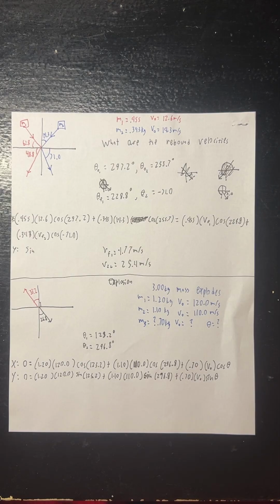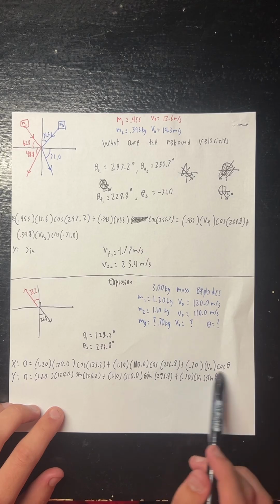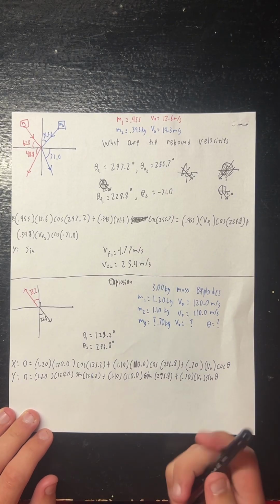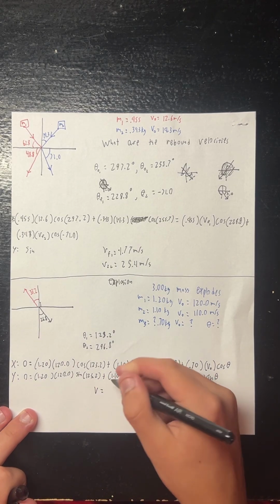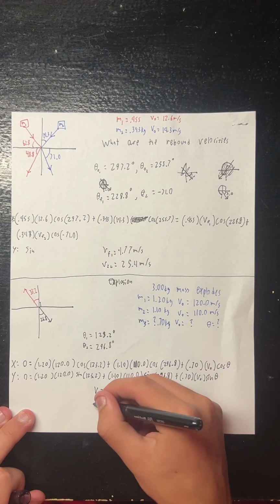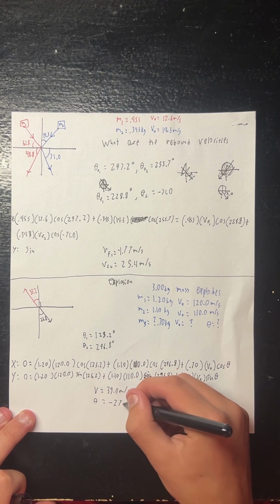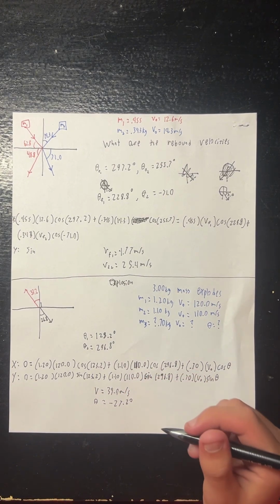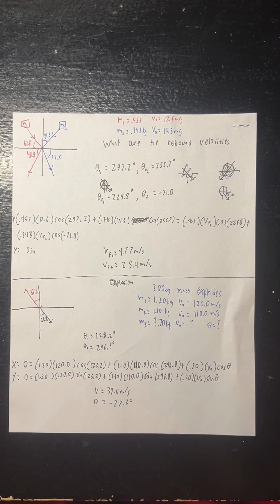We can equate them, and if we had Desmos, it'd be really easy, system of equations. But you can pretty much simplify all of this, and then equate them, and you can solve for v and theta, which I believe our v comes out to 39.0 meters per second, and theta is equal to negative 27.2 degrees. So that is how to do a question like that, an explosion.